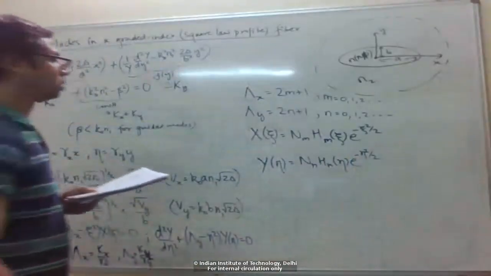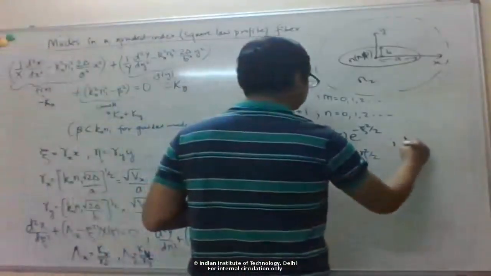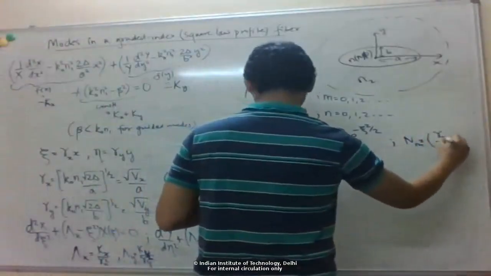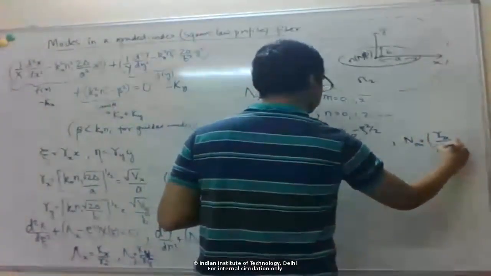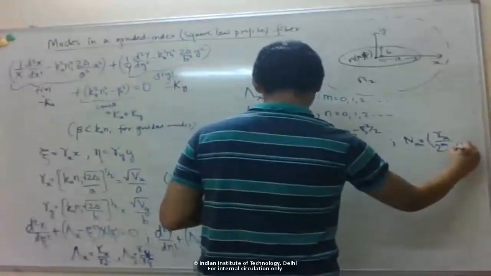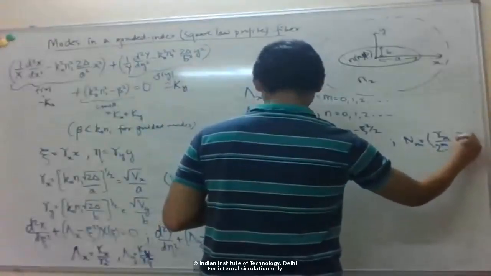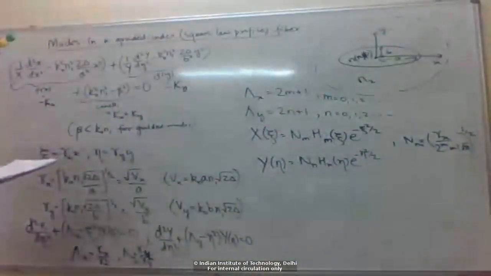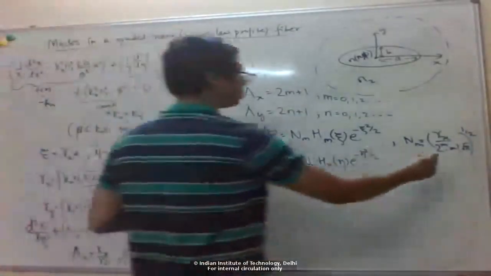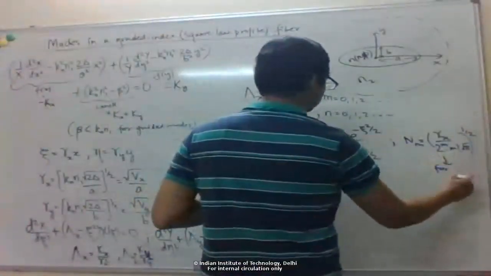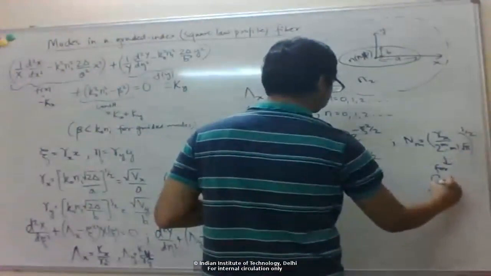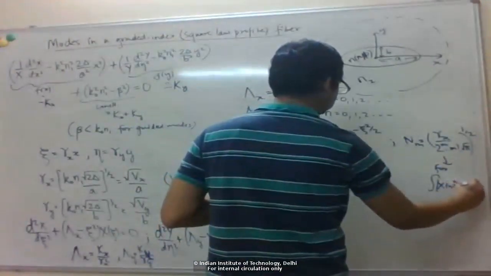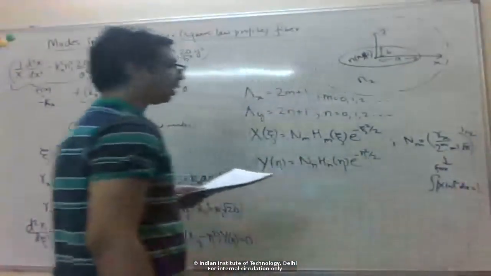So this normalization constant is just for this to come out to 1.